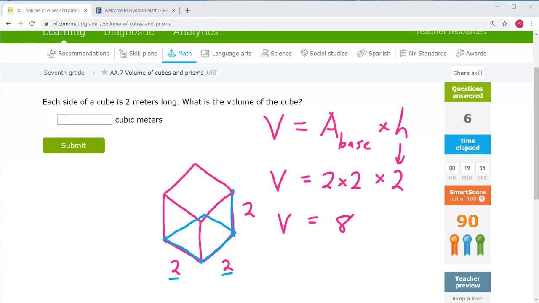And remember, this was actually 2 meters, 2 meters, 2 meters. So when we do meters times meters times meters, we would get meters cubed, or cubic meters. Right? So let's put that in.